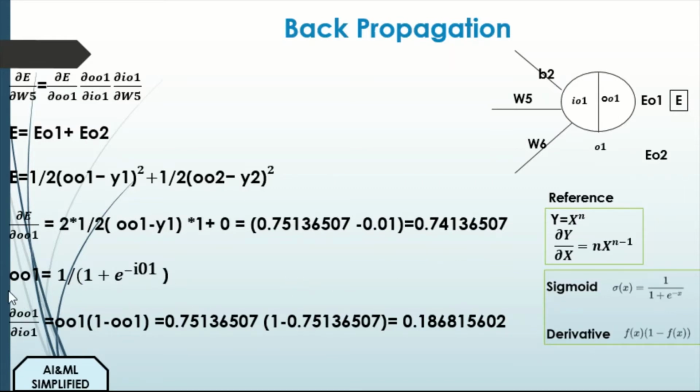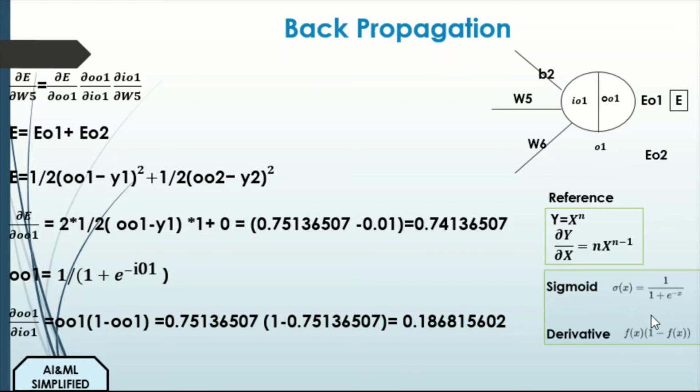Now for the second term, the derivative of O1 with respect to IO1, we know that O1 and IO1 are connected to each other with the help of the transformation function, and in this case it's a sigmoid function. As we know, the derivative of the sigmoid function is f(x) into 1 minus f(x).